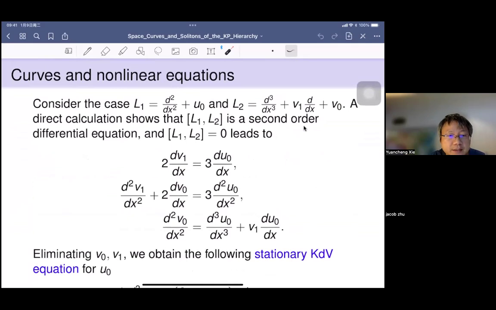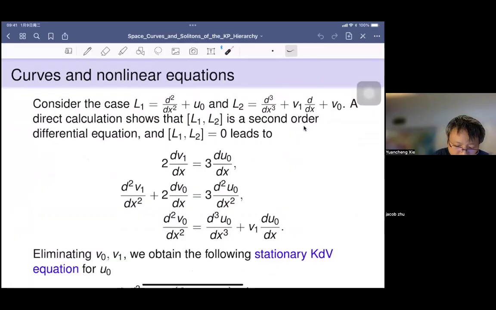So now let's consider the simplest case, where L1 has order 2 and L2 has order 3. So we have two differential operators of the following form. Since the orders of these two differential operators are quite low, we can calculate the commutator directly.